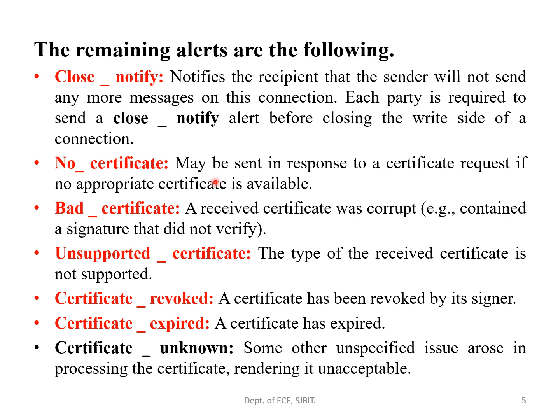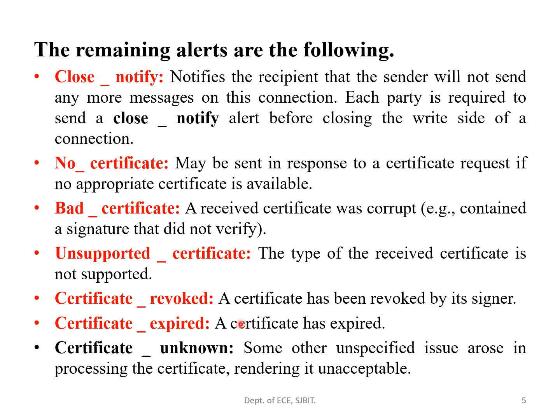No certificate may be sent in response to a certificate request if no appropriate certificate is available. Consider bad certificate: the received certificate was corrupt. Concerning unsupported certificate, the type of the received certificate is not supported.